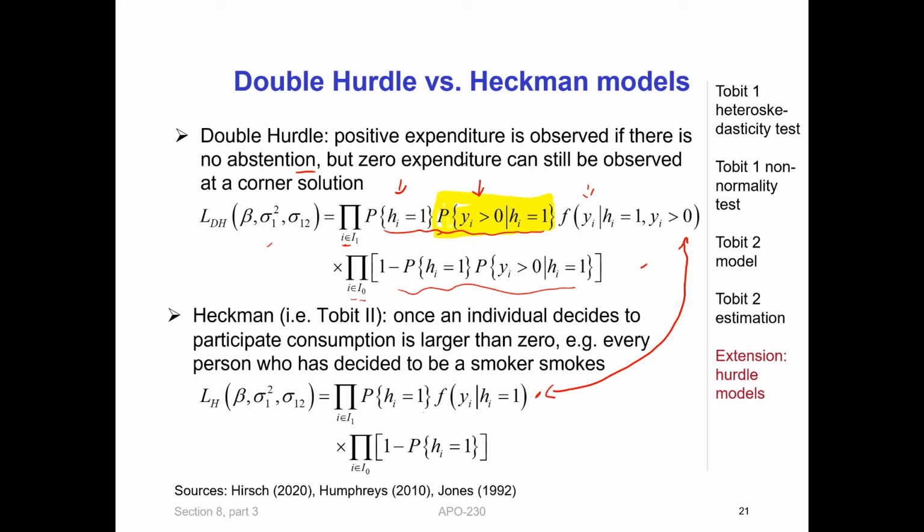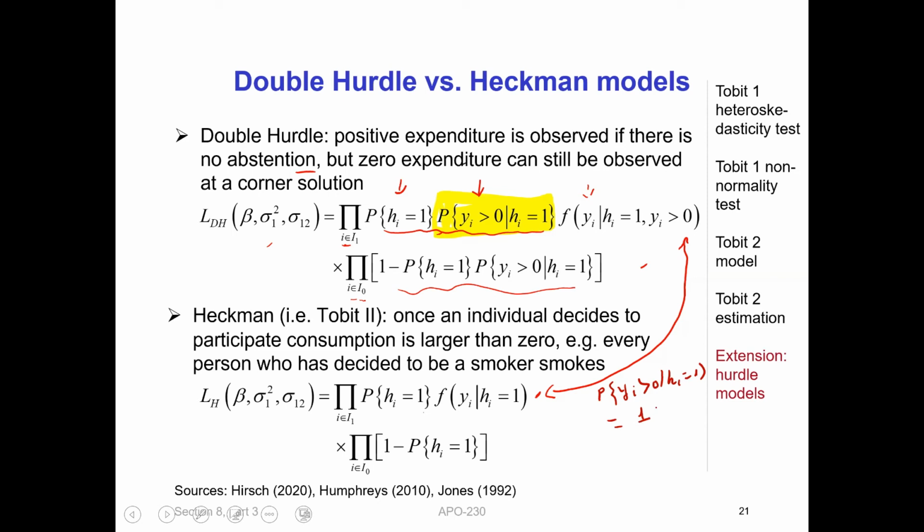So in this case, actually P, I have to change the color again, P, the probability of observing yi larger than 0, conditional on hi equal to 1 from above, always equals 1.